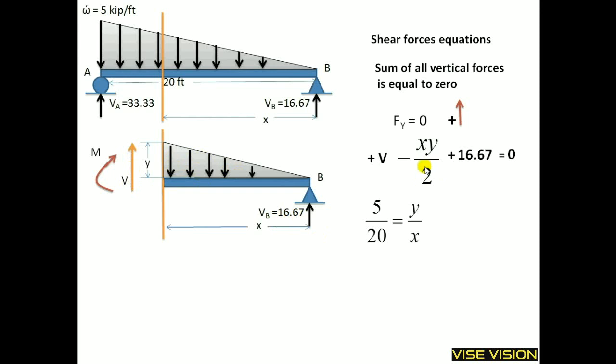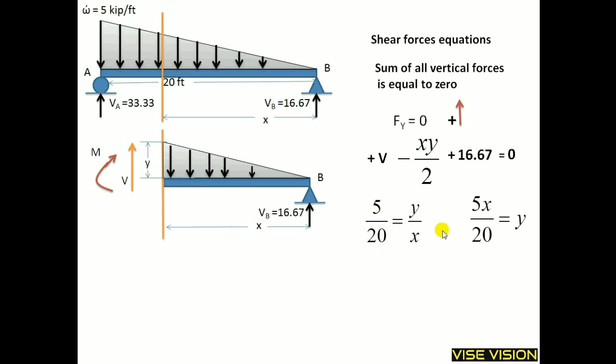Now how will we find this y? We can find this y by the slope method. In the slope method, this 5 value is the total and this total span is 20. Dividing 5 by 20 gives the slope value, which is equal to y divided by x.